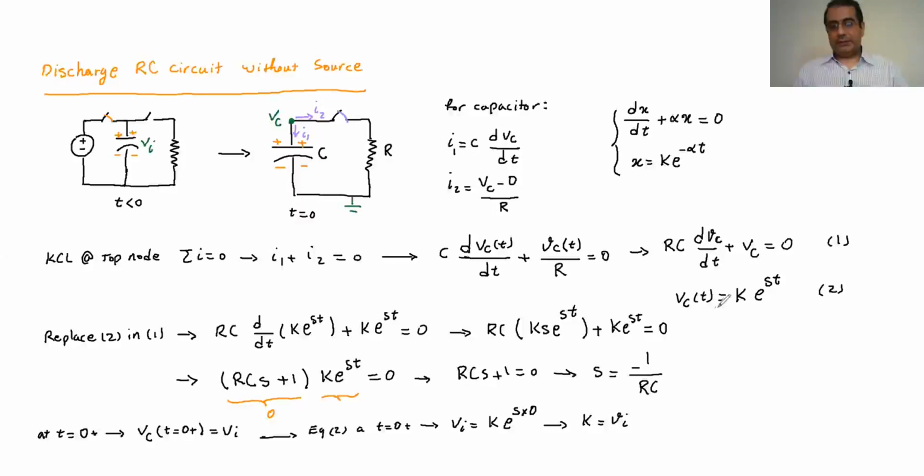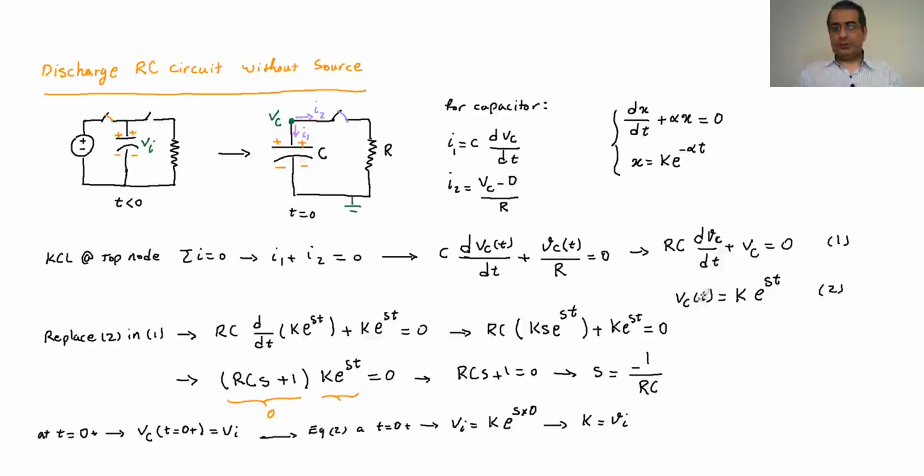So we do it in 2 steps. The first step, because this is the solution, we can substitute it in the original equation, and it should satisfy the original equation because this is the solution. So we substitute it there, and from there we can find the S. The second one is the initial condition: at the time that t is 0, the initial voltage in the capacitor we know is equal to whatever it was when it was fully charged.